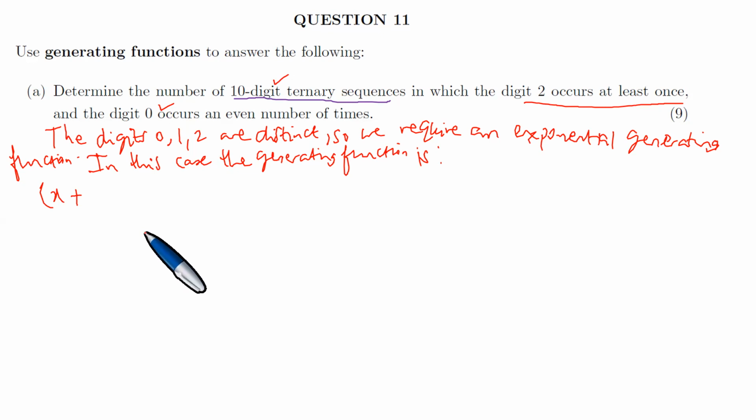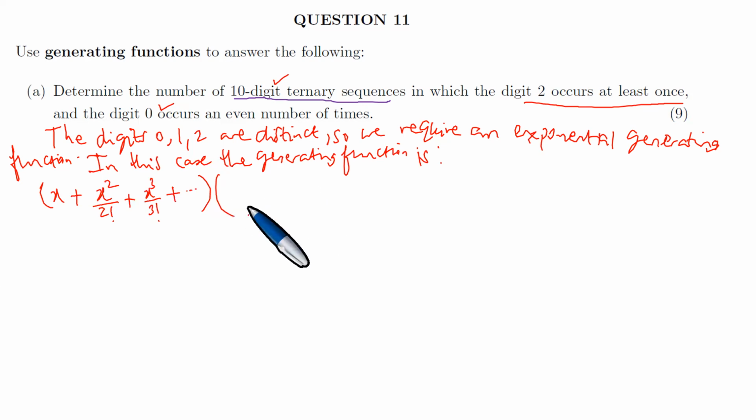So you have x, one of the generating functions. I'm going to discuss this. We have x squared over 2 factorial, x cubed over 3 factorial, plus dot, dot, dot. This is one of the generating functions because the digit 2 occurs at least once. I'm going to discuss this in detail.